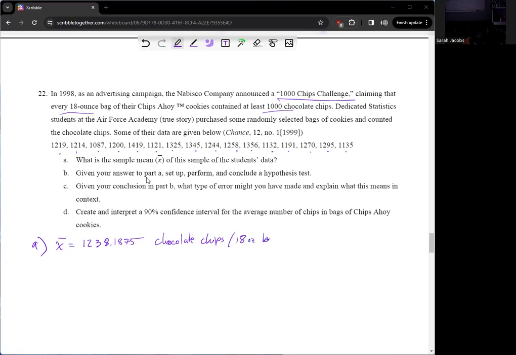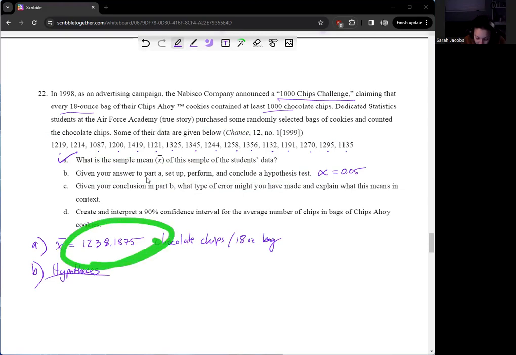Okay, done. Given your answer to part A, set up, perform, and conclude a hypothesis test. Why did I do this to myself? Okay. Let's set it at alpha equals 0.05. Didn't say, so let's default to that. So our hypotheses, well, this is going to be a one sample t-test, and our hypothesis, I would say, would be that the actual mean is greater, right?